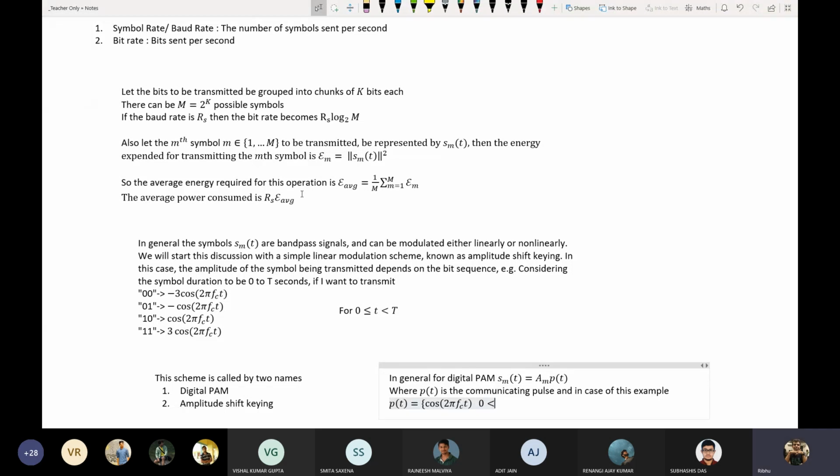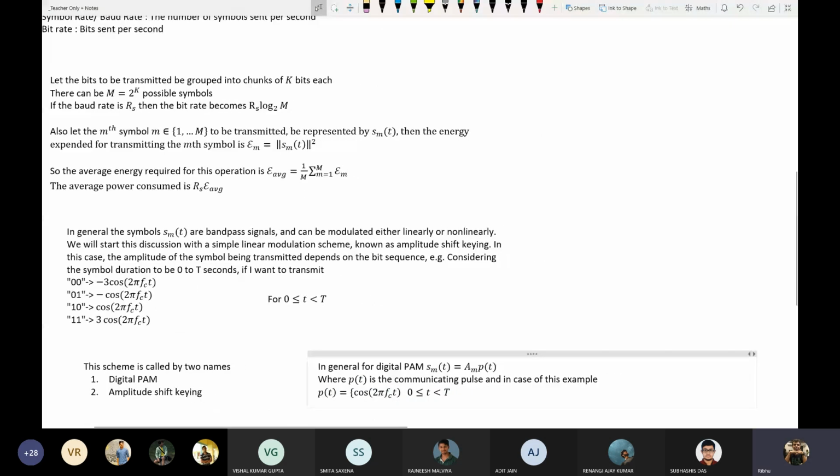So 0 less than or equal to t less than capital T. Maybe this will help. I want to treat this entire cos thing as a single block.